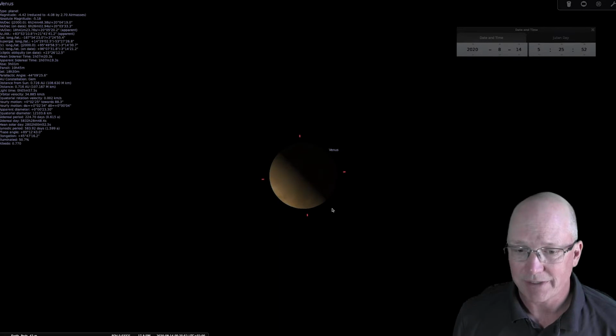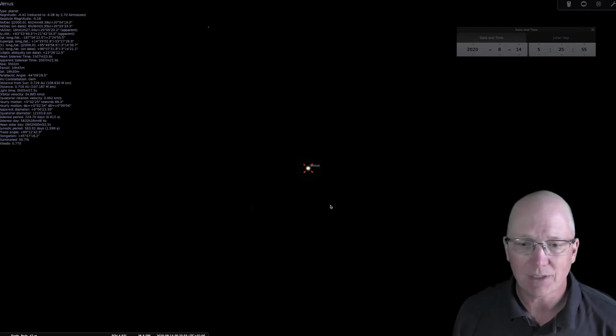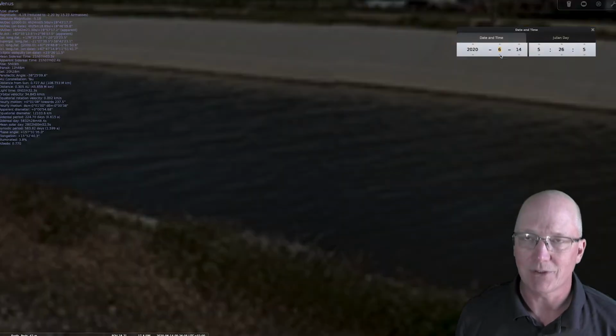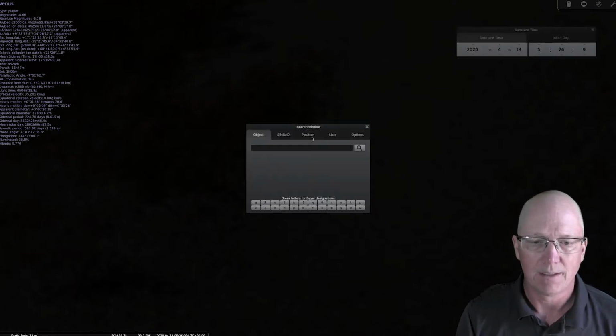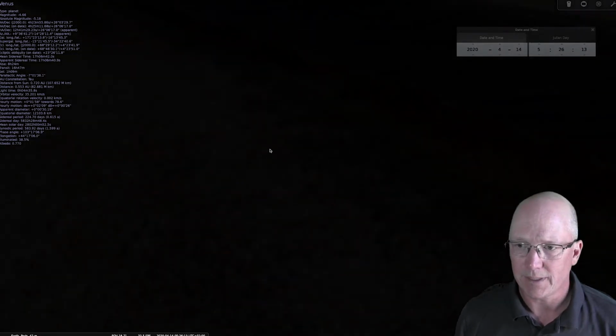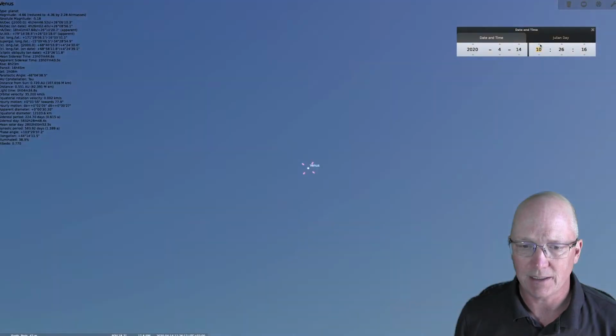We know from observations that Venus's orbital period is about 200 and some days. So I'm going to go back to early April and see where Venus is at that time. This is April 14th. Let me search for Venus again, and see what time I can see it. There's Venus right there.